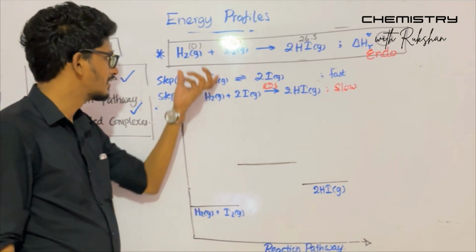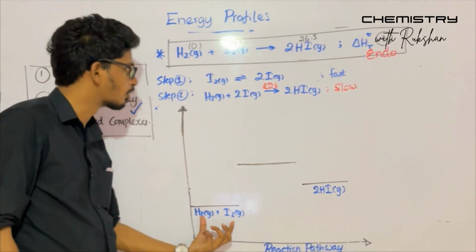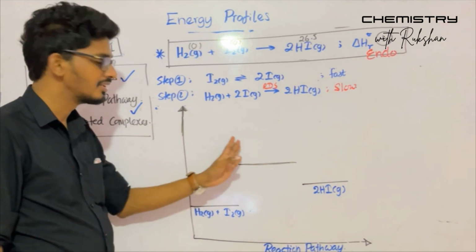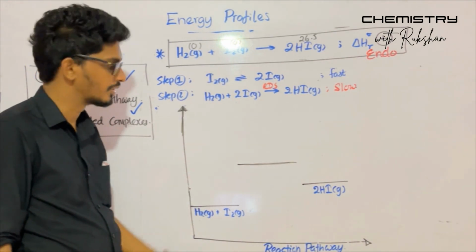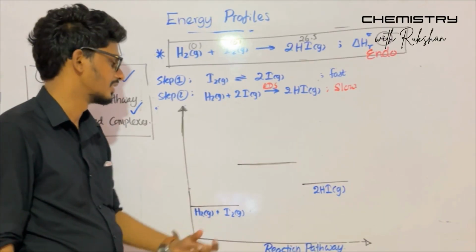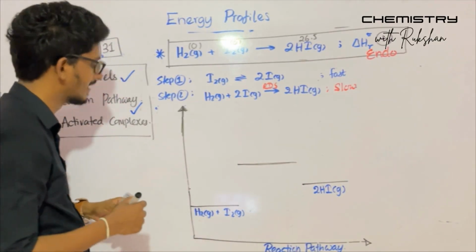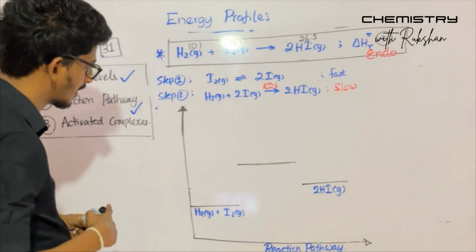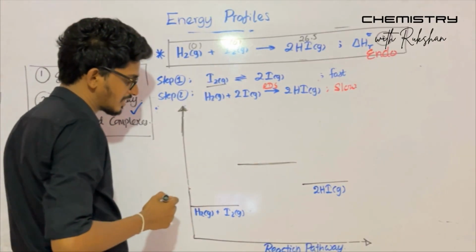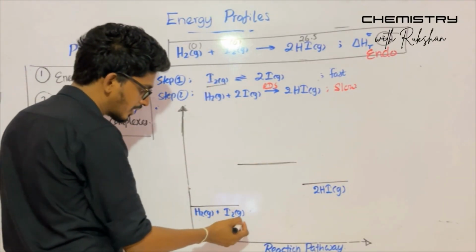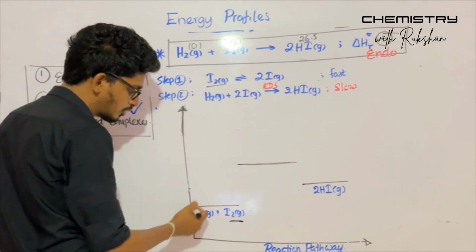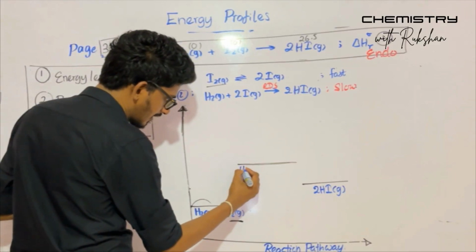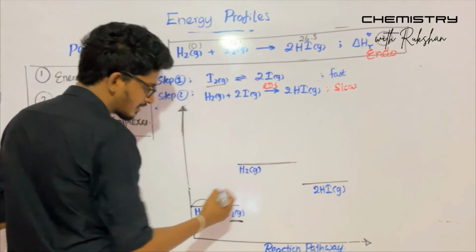Those remain there without being consumed, so they should be written first. We have H2 and I2 on the overall reaction's reactant side, but only I2 is involved in the reaction. So only I2 is consuming. That means H2 is not consuming, so H2 is still there.